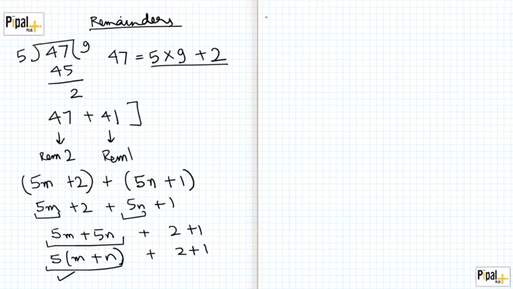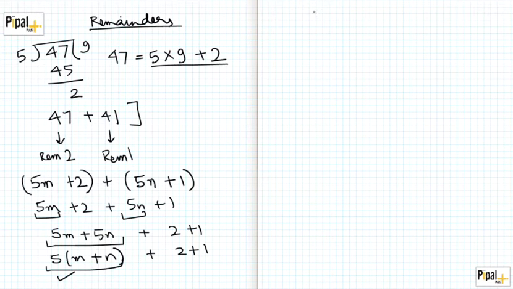So whenever I must divide a sum of two numbers by 5 and find the remainder, I simply need to add the remainder when 47 is divided by 5 and the remainder when 41 is divided by 5 to get my answer. Now let's see what happens when there is the difference of two numbers.